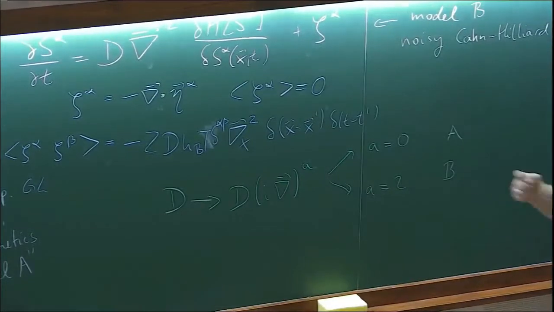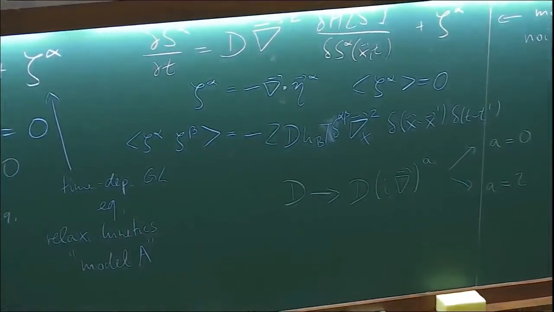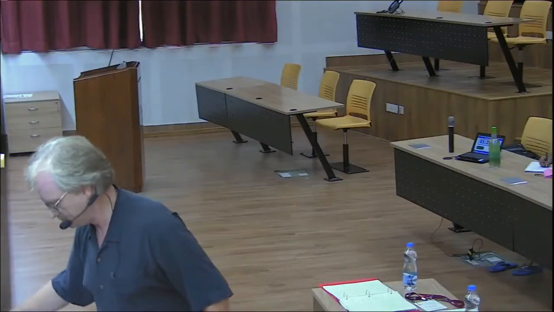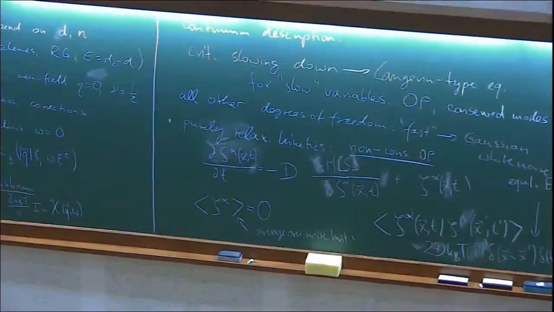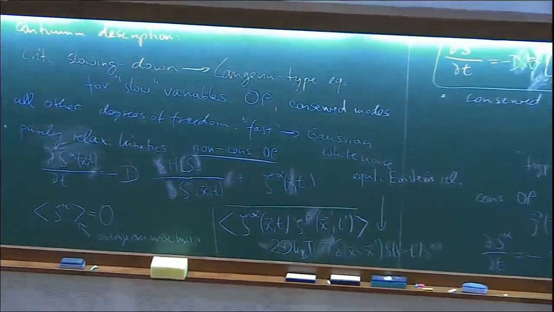If I do this kind of formal replacement in this equation here, so I'm going to write this, and apologize for this, but need some space in front. Then this is both model A and B combined.